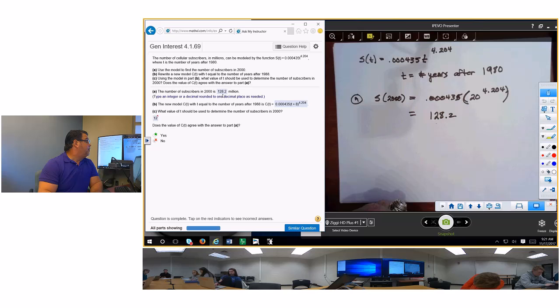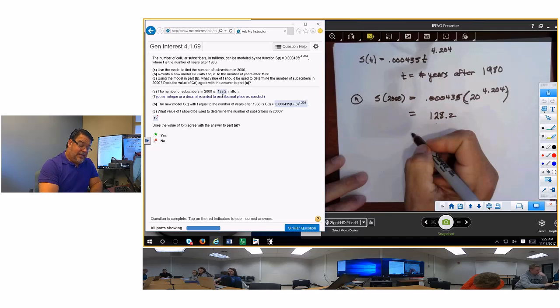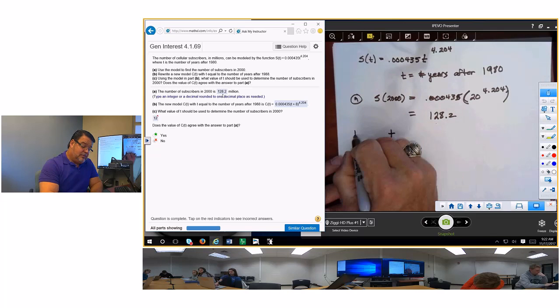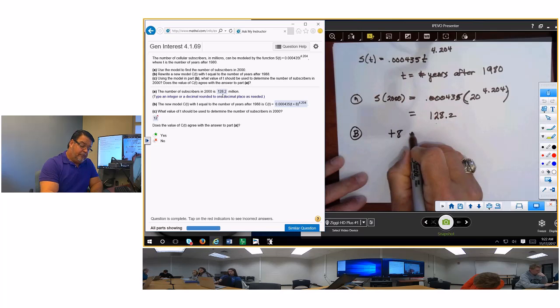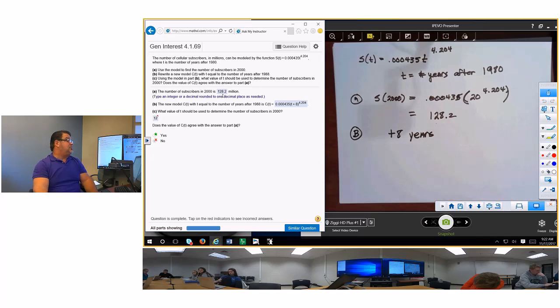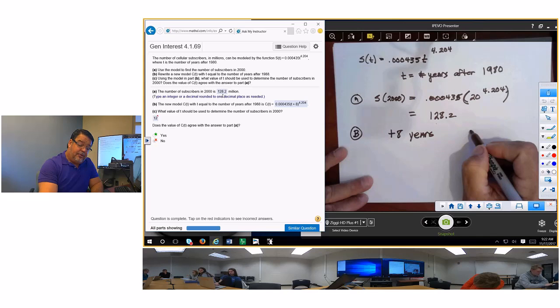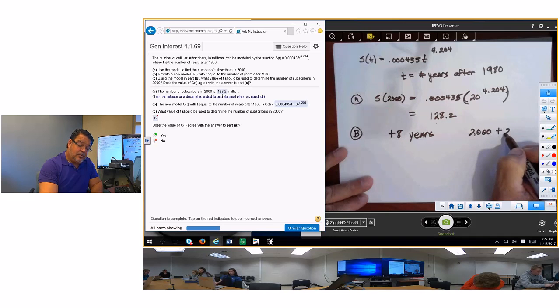Okay? Says the new model C of t with t equal to the number of years after 1988. Okay? After 1988, you're going to add 8 what? 8t. You're going to add 8 years to your function. Now, if you're adding it to your function, that means it's going to be a horizontal shift to the left. Okay? But that really don't matter. All you got to remember is if it was 2000, then you'd add 20 years.